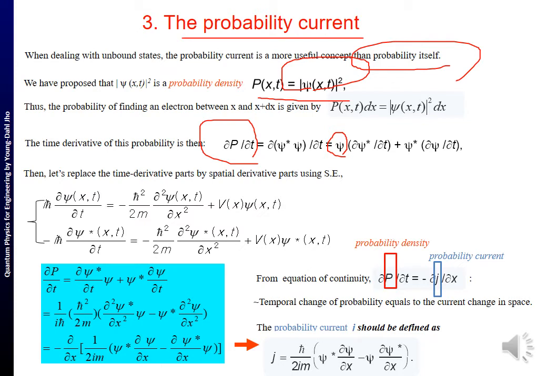And let's replace the time derivative part by spatial derivative parts using the Schrödinger equation. These are actually the Hamiltonian operator, a time dependent part. Here is the time independent part.